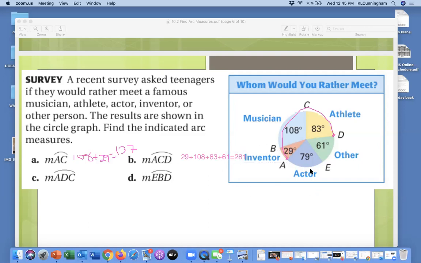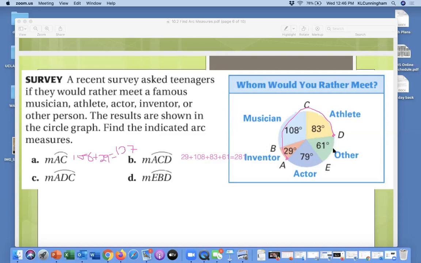You could have also done 360 and subtract out the two arcs that you don't want. So you could do 360 minus 79 and 61, and you should still get the same answer, which I'm going to check because maybe I'm wrong here. Maybe I entered in a wrong number. Oh, I am wrong. Why did I add 61 here?